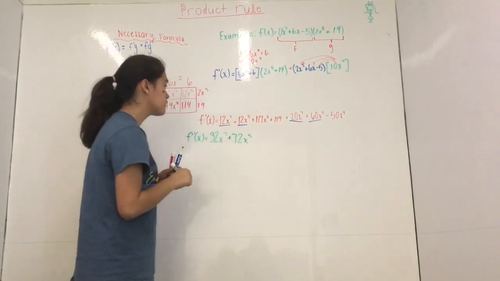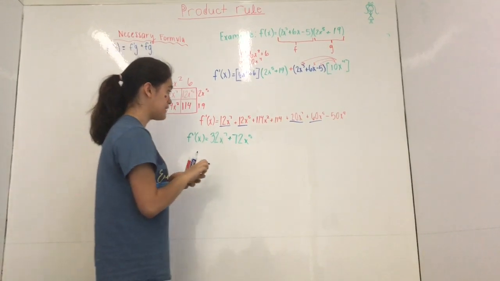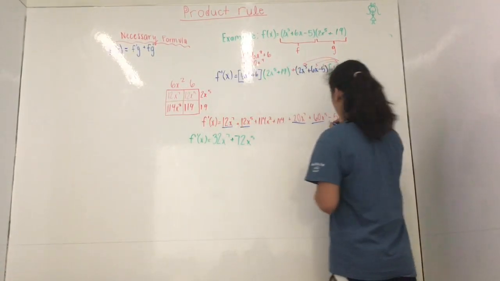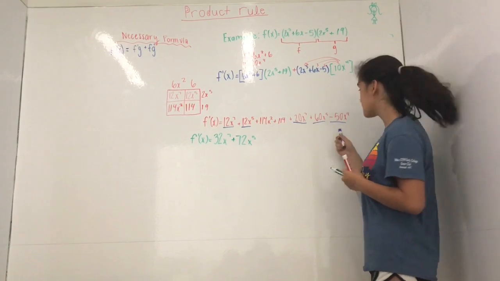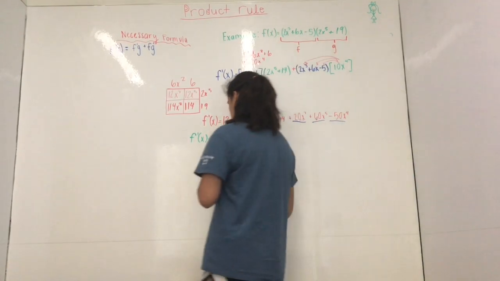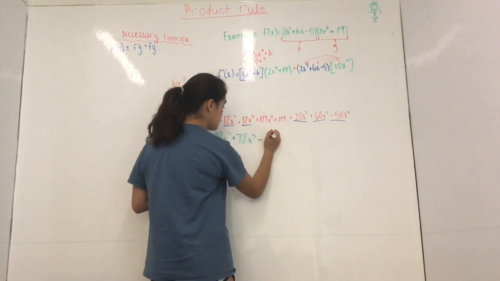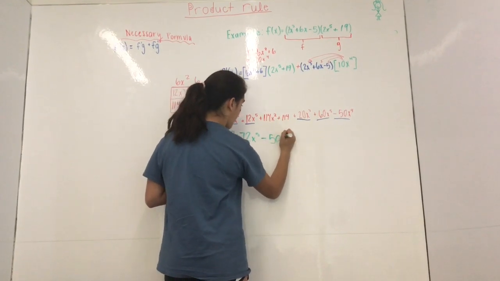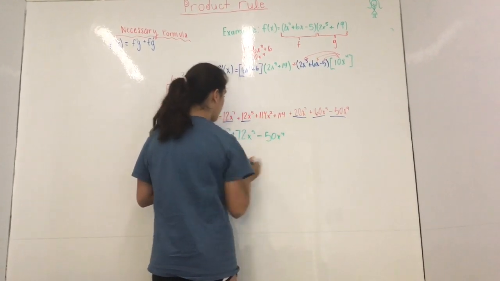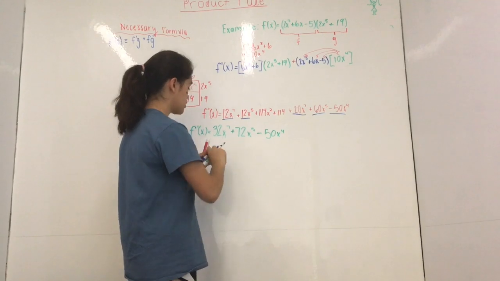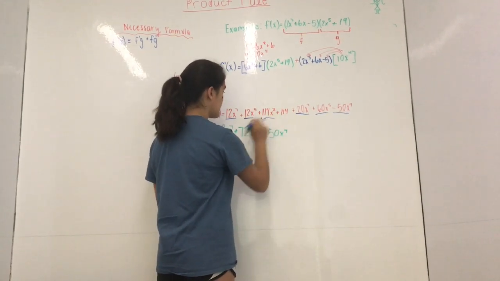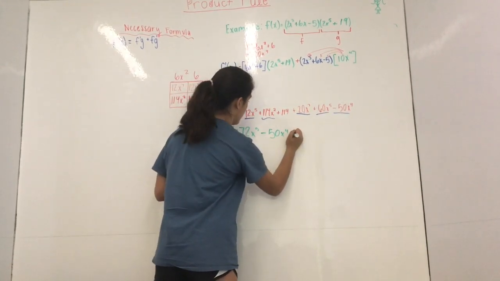Then we're going to look for our next term, and it is x to the 4th, negative 50x to the 4th. And since this is our only term, we just bring it straight down. Then we see that our next term is the x squared term.